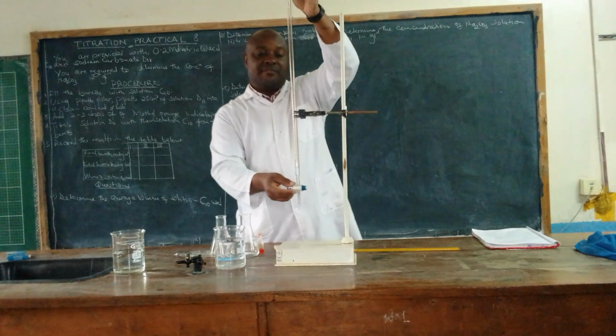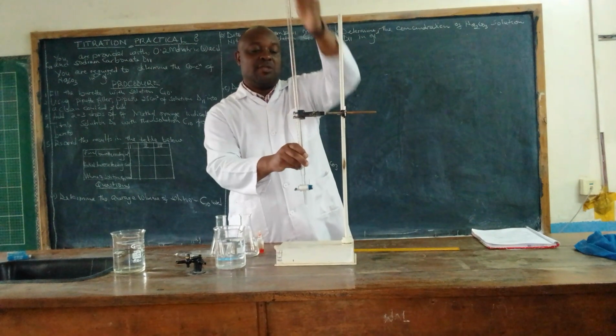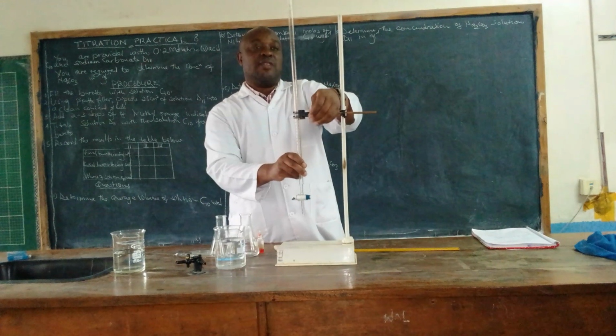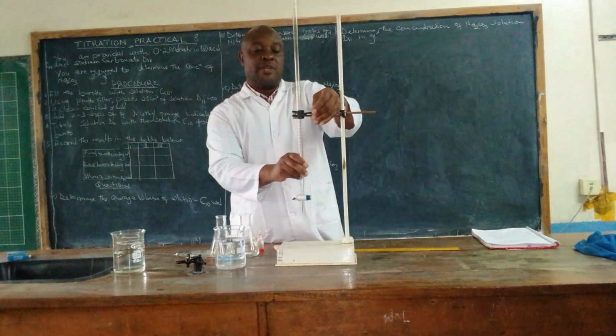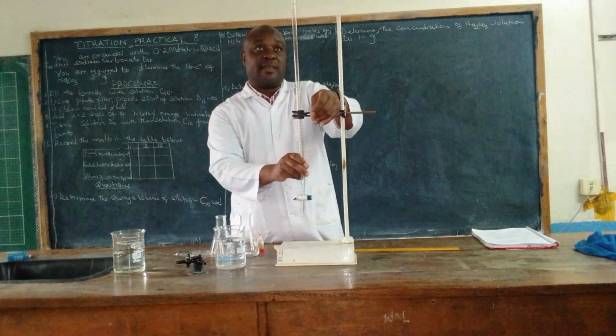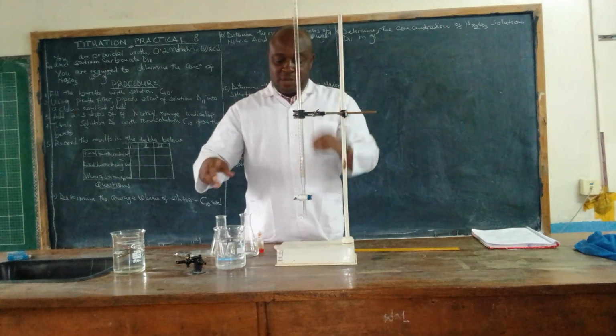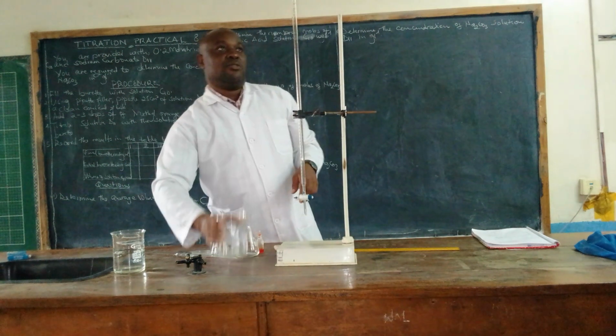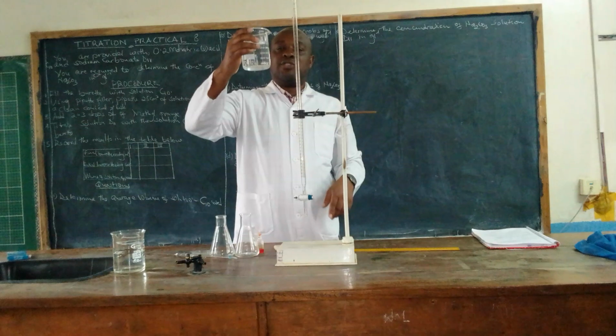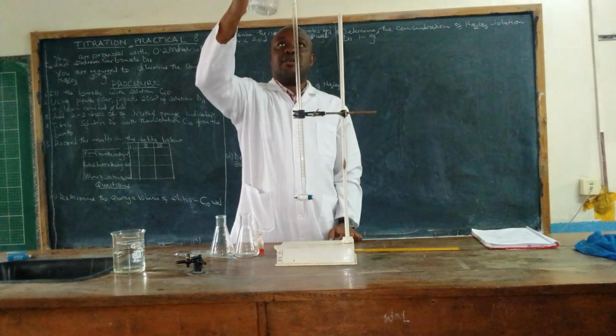Then I return the burette onto the retort stand, and make sure you return it firmly and carefully on the retort stand. After you have done that, you close the tap of the burette so that when you pour the solution, it does not drain away.